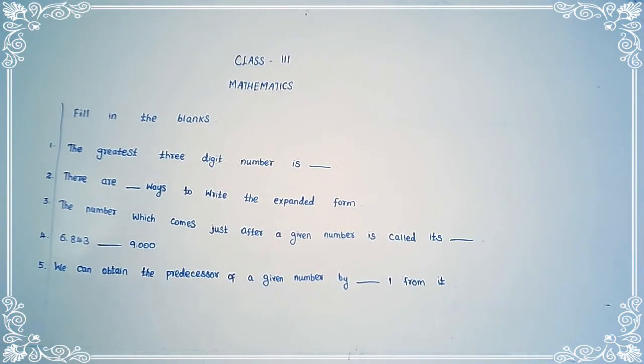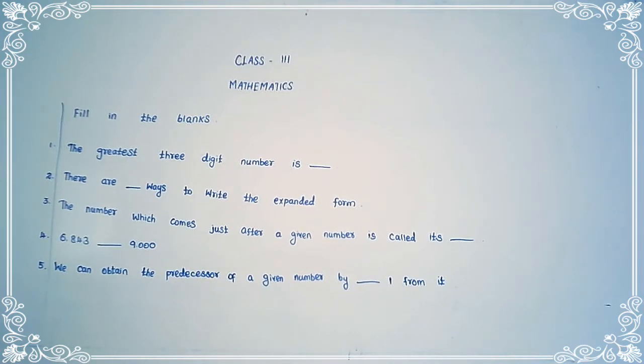See the board and write. This is today's homework. Fill in the blanks. The first one, the greatest 3-digit number is dash.